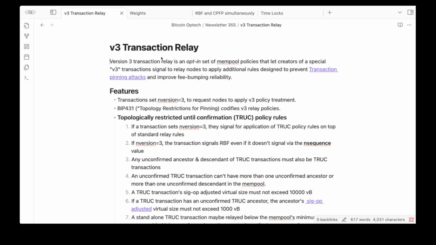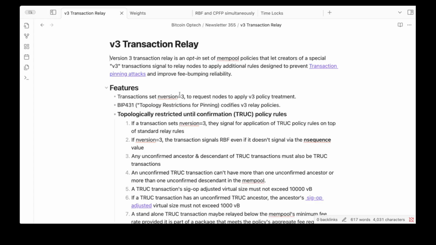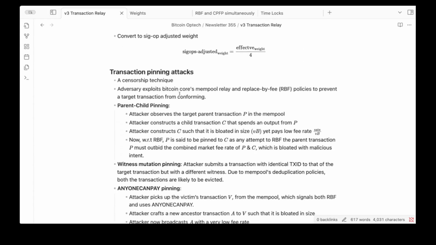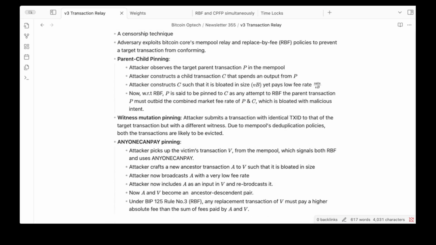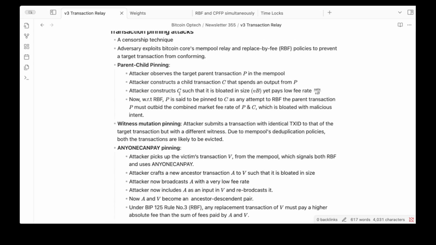Transaction pinning attacks are situations that can arise where you have parent-child transactions in the mempool, and there is an attacker who wants to prevent the parent transaction from getting mined.